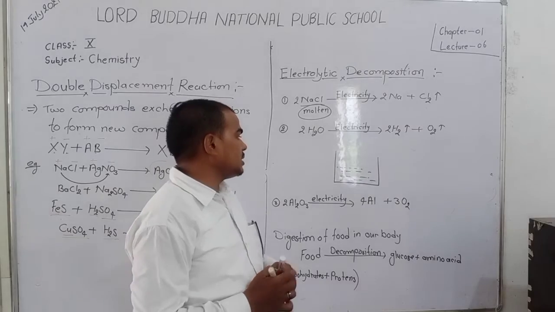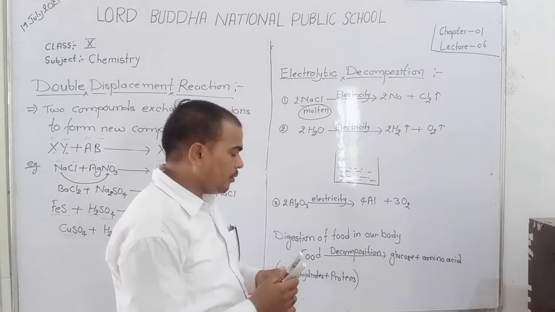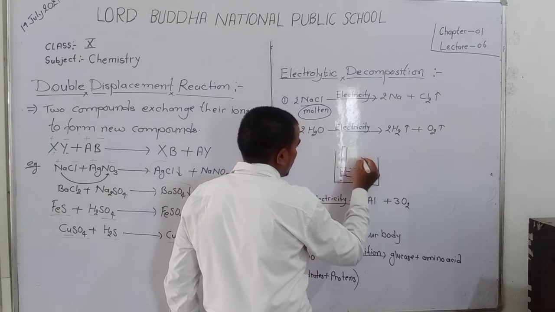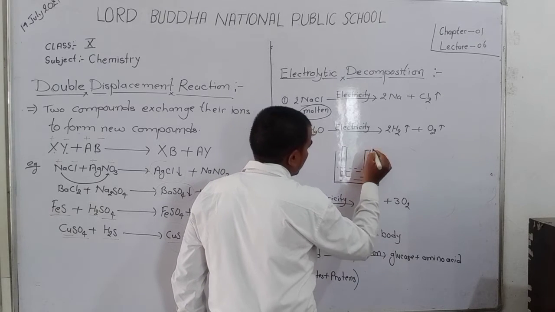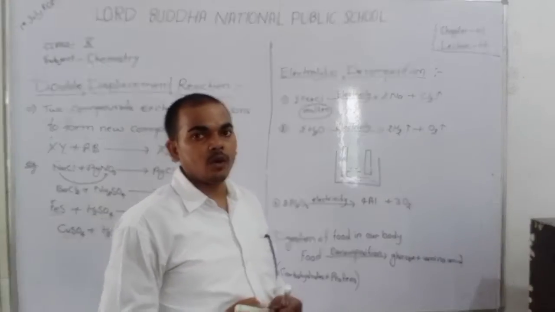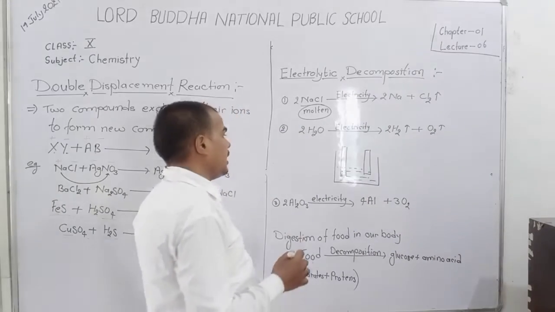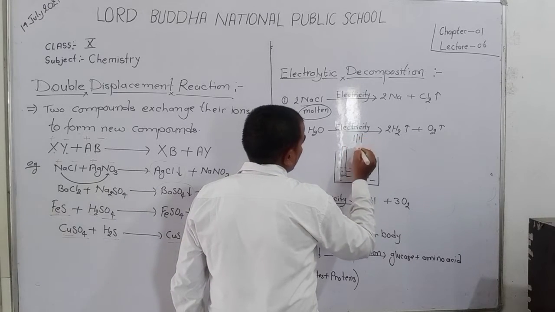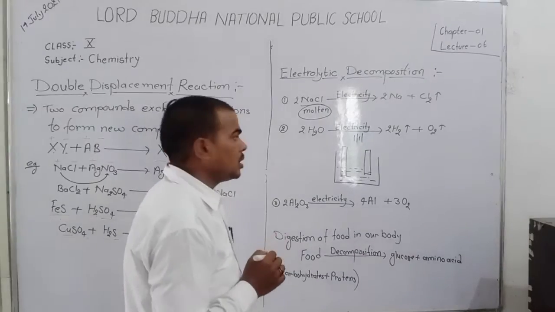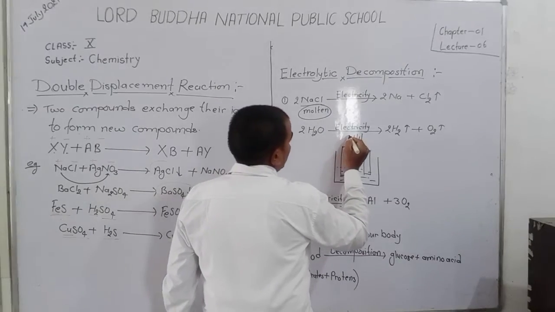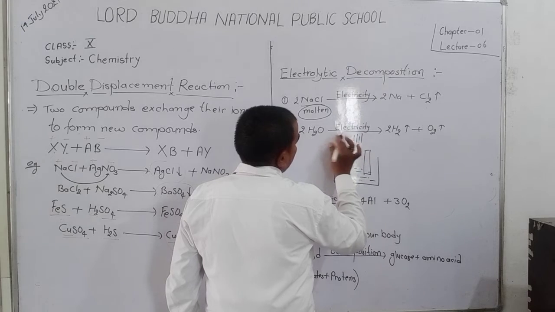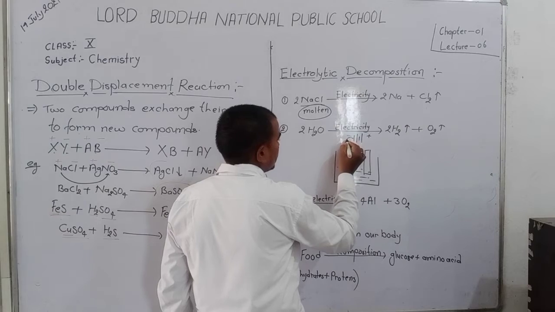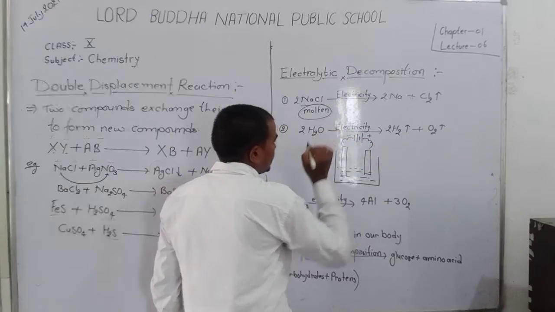So take molten NaCl in a beaker and dip two metallic rods in it, and connect them with wires to a source of electric current, like this.